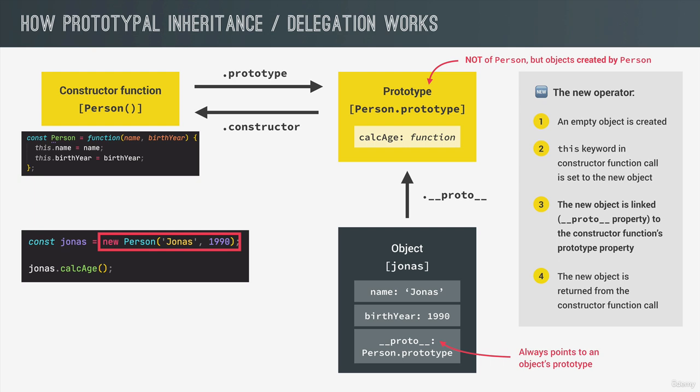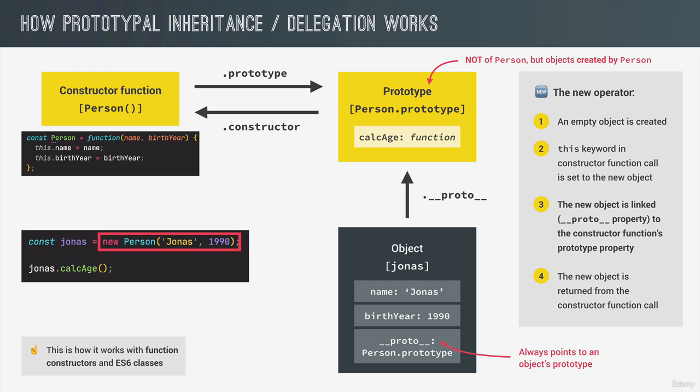And this whole process that I just explained is how it works with function constructors and also with ES6 classes, but not with the Object.create syntax that we're going to use later. So just keep this in mind once we reach the Object.create lectures.